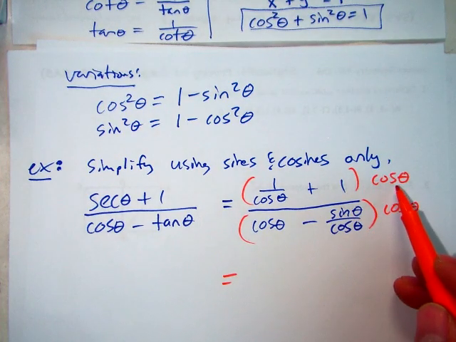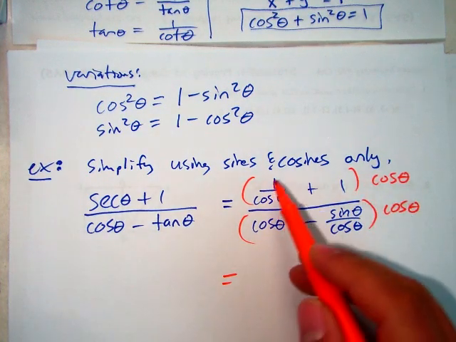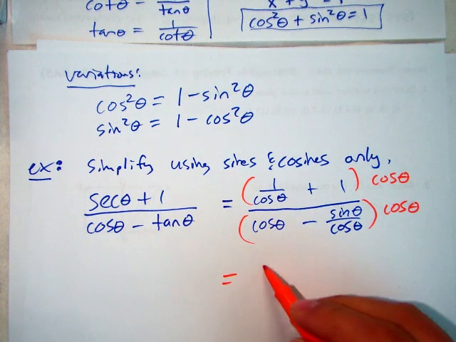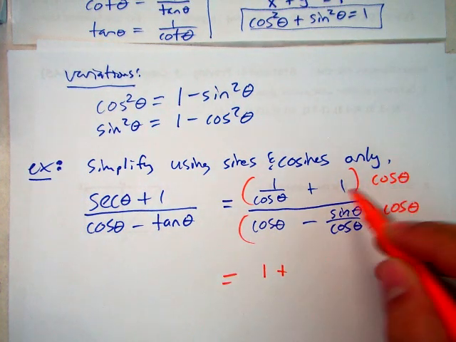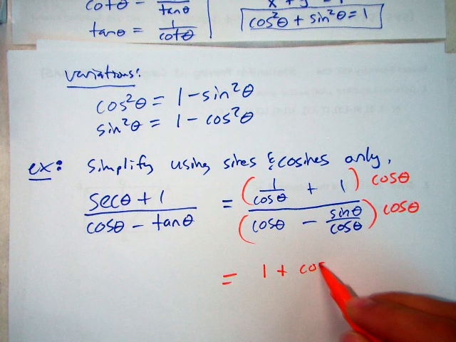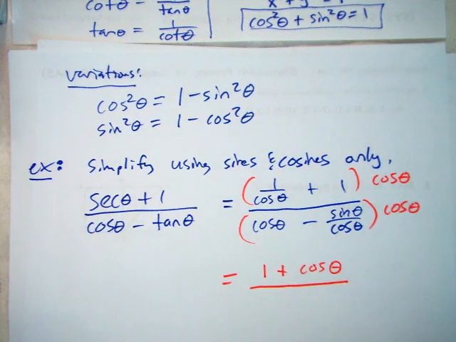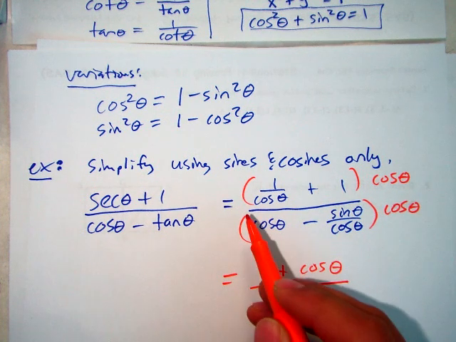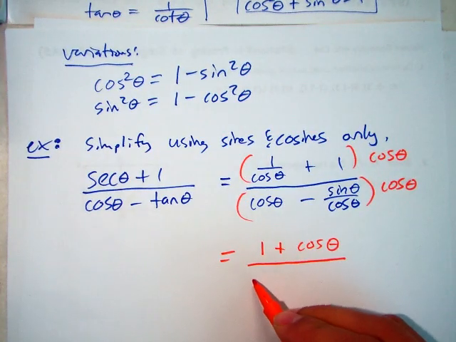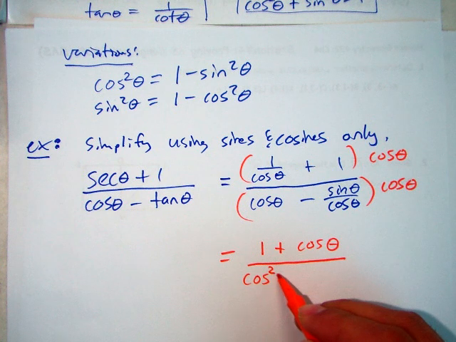What's cosine theta times 1 over cosine theta? 1. What's cosine theta times 1? Cosine theta. Cosine theta times cosine theta is cosine squared theta. Very good.